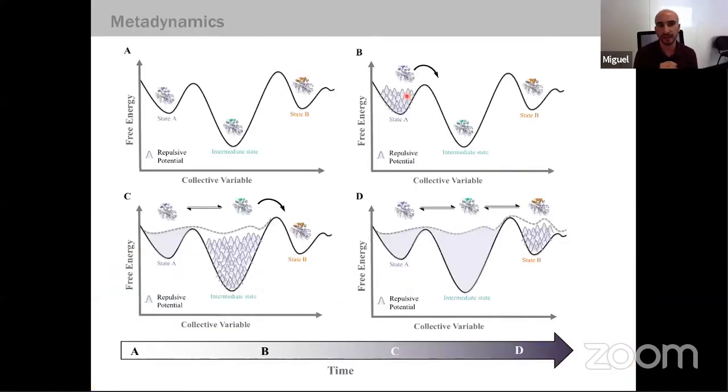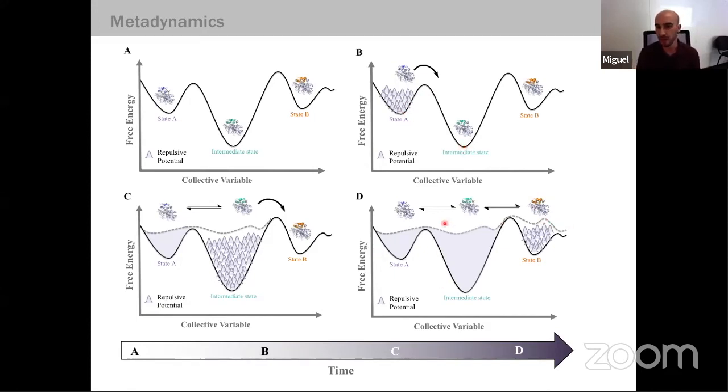We assess the convergence by calculating the difference in free energy among the local energy minima. Imagine that if you start adding repulsive potentials in here, the difference in energy is going to change dramatically until you start to put Gaussian potentials in the other minima.